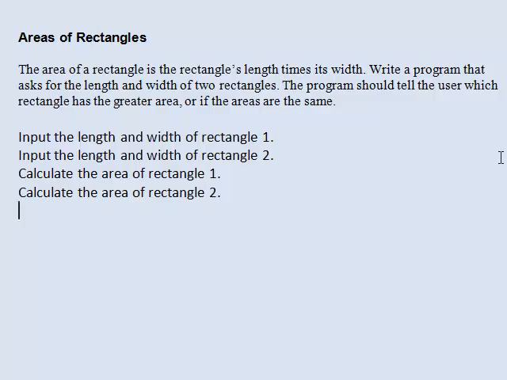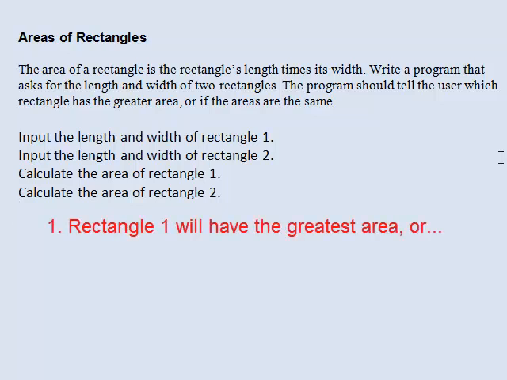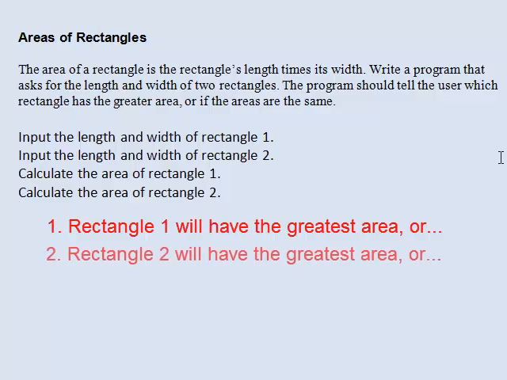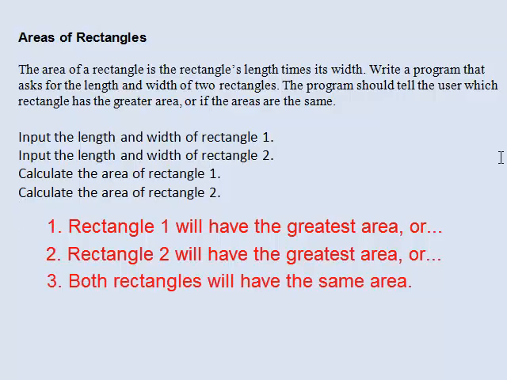Now when we compare the areas of these two rectangles to see which is greater, we can be sure that there will be one of three possible outcomes. Either rectangle 1 will have the greatest area, or rectangle 2 will have the greatest area, or they will both have the same area.